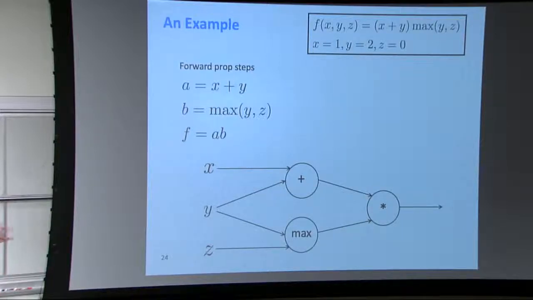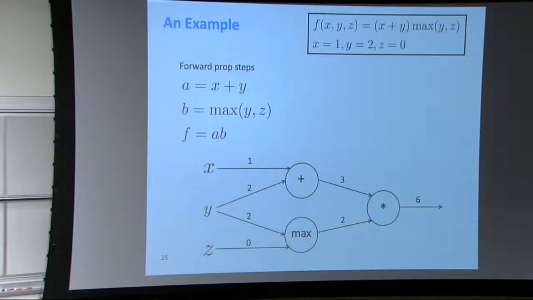Okay, so if we want to run this graph forward, we need to know the values of x, y, and z. So for my example, x equals 1, y equals 2, z equals 0. We take the values of those variables and push them onto the forward arrows.